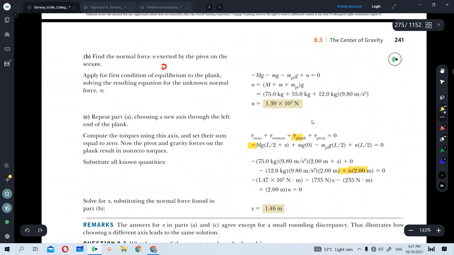So let's look again at the equation. And therefore, to get the X here, we have two unknowns. Number one, the X value. Observe that you actually have two unknowns, X and N. The main question is asking you to get this X, the position where the man is supposed to sit down so that the plank is at equilibrium.